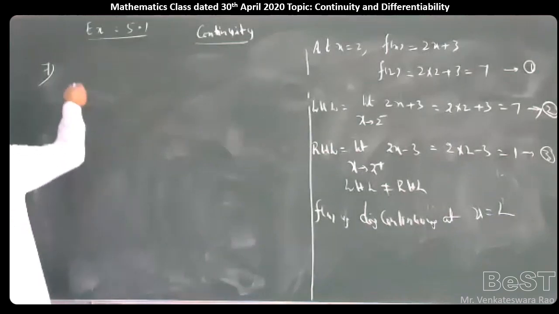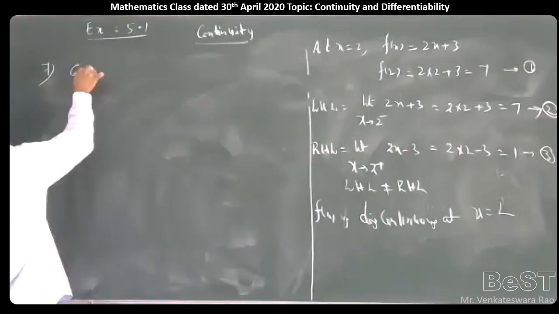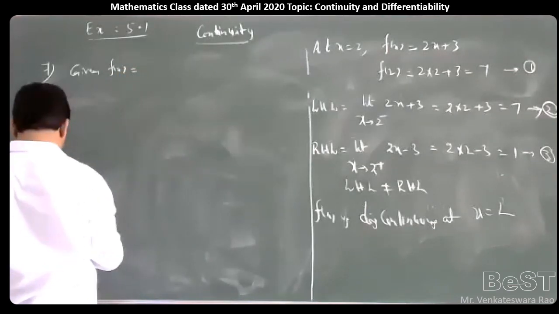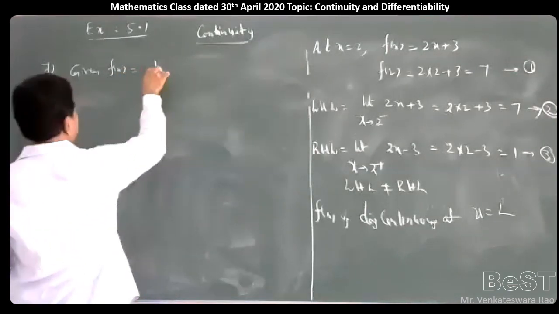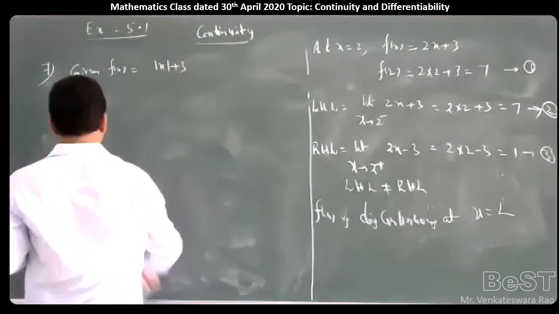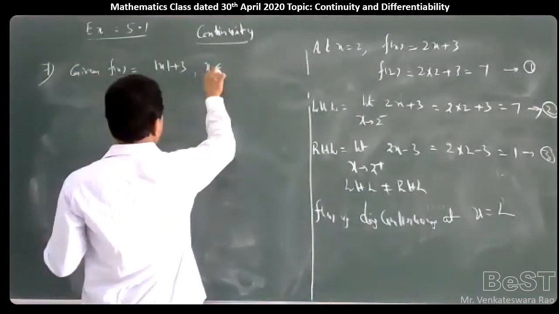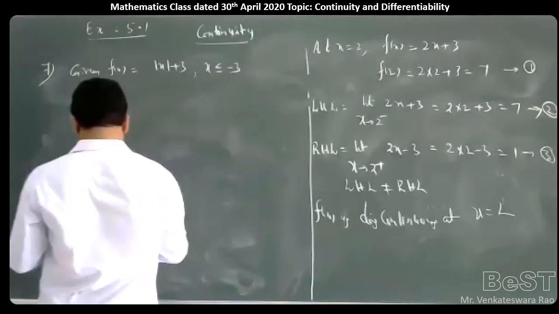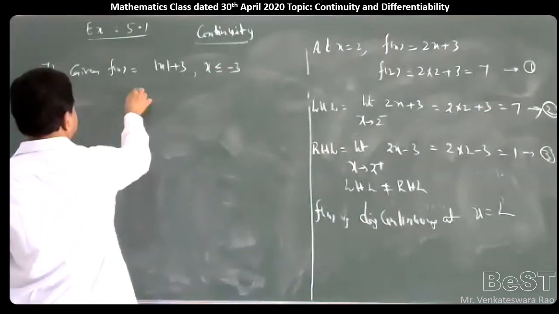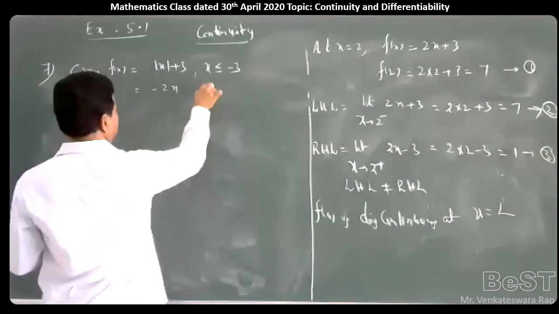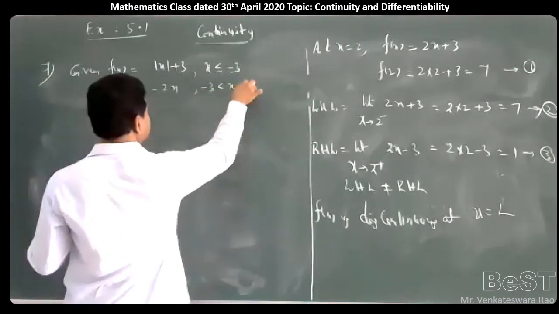Given f of x is equal to mod x plus 3, if x is less than or equal to minus 3. It is equal to minus 2x when minus 3 is less than x less than 3.